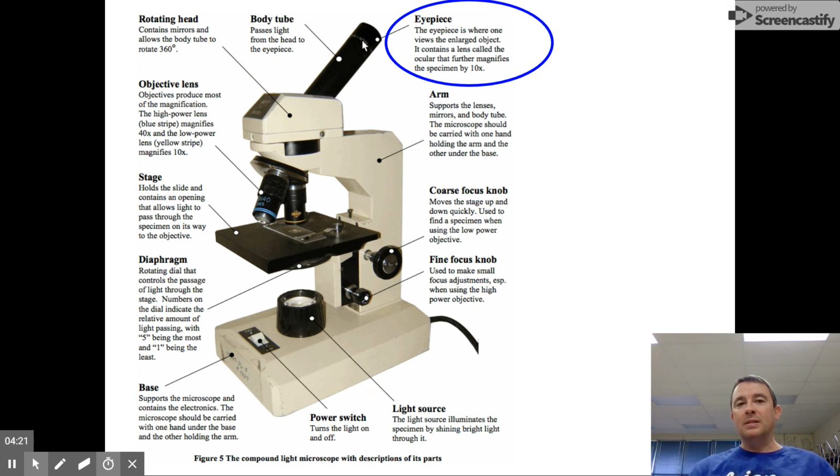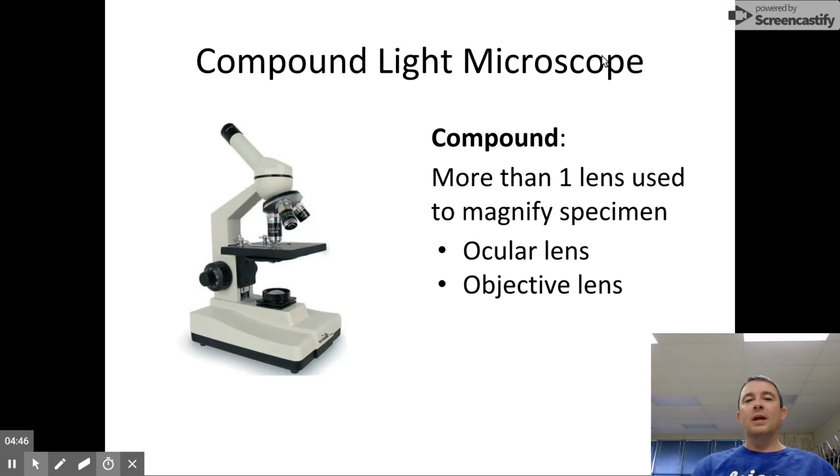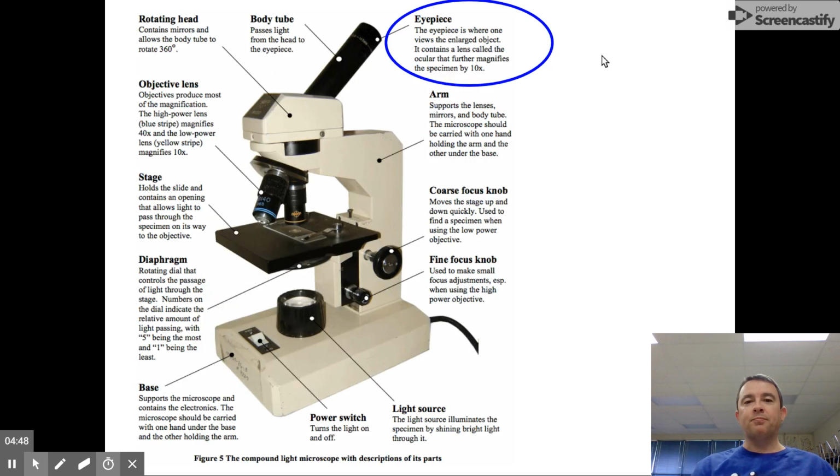It's in the eyepiece. But then there's another lens down here a little bit closer to the specimen that's called an objective lens. And anytime you look through a microscope, the image is being magnified twice, once by this lens and once by the other. So you've got 2 lenses magnifying the object at any given moment. That's why it's called a compound microscope.